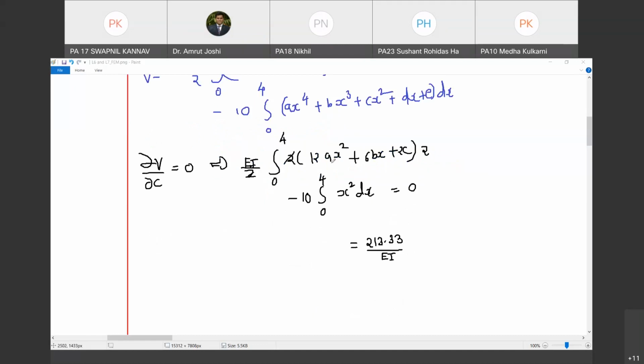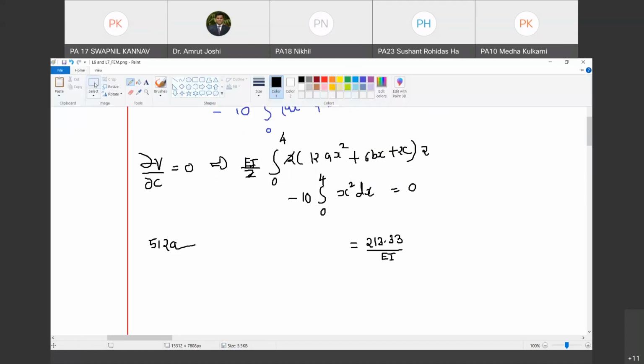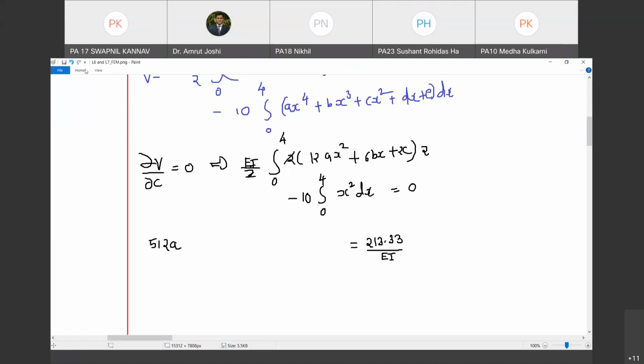And then what is the integration of the first term here? It is 12x square into 2, so it is 24x square. What is the integration of 24x square from 0 to 4? That is 512, so I am going to have 512a. What is the integration of 12x? That integration is 96. So you have 512a plus 96b.